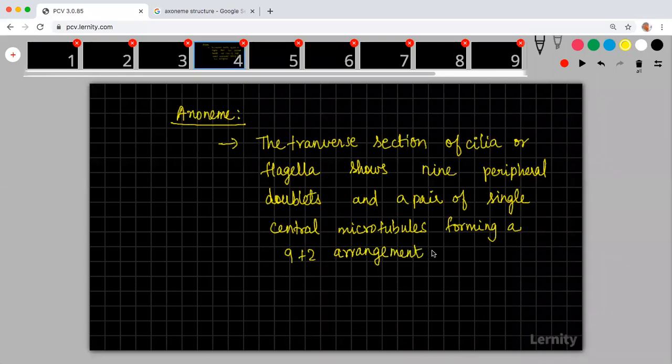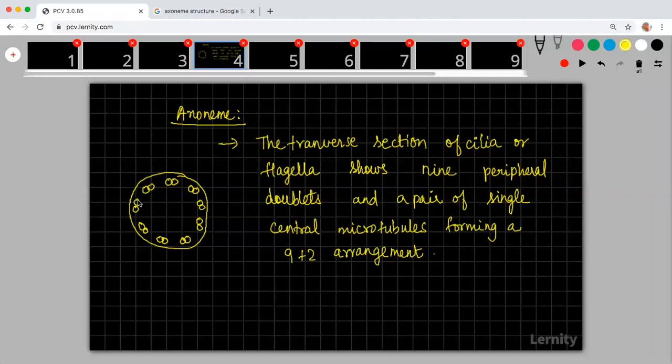Okay, what is the meaning of this? If you take a cilia or flagella, in the periphery, meaning in the border, you will see this kind of doublet. Two, third one, fourth one, fifth one, sixth one, seventh one, eighth one, ninth one.